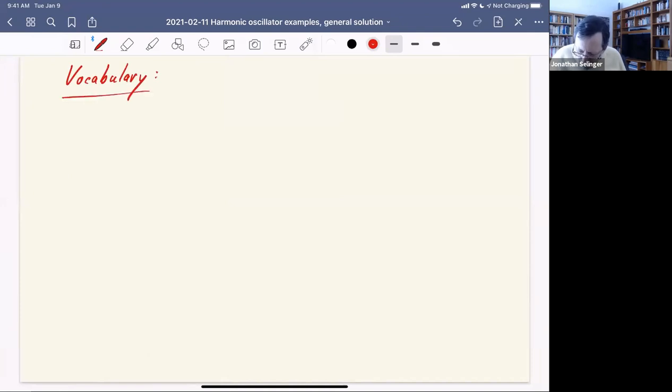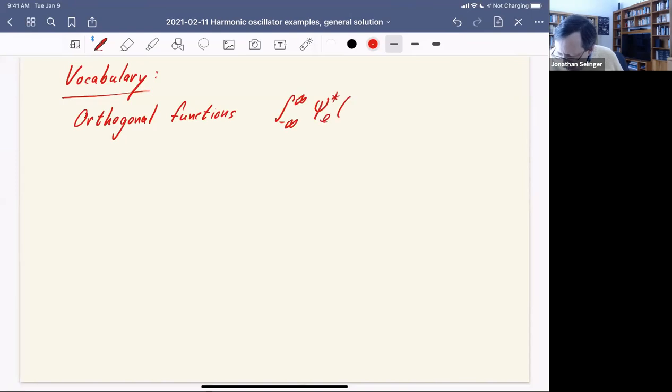One vocabulary word is orthogonal functions. That means that the integral of psi L star of x times psi n of x dx is equal to 0 for L not equal to n.